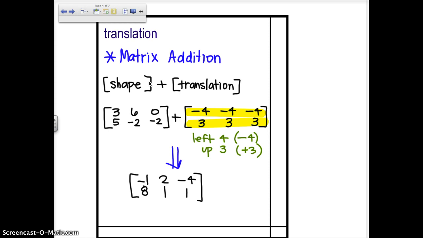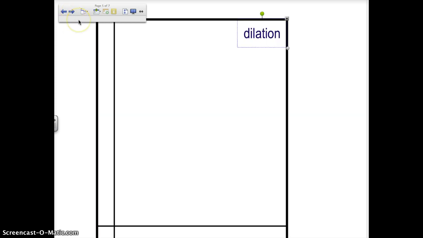Okay? So translation is the first transformation that we can do here. And we do it with matrix addition. Okay? The second one is the dilation box. Now, a dilation is both shrink and compress.